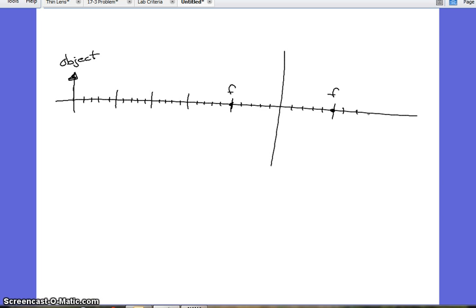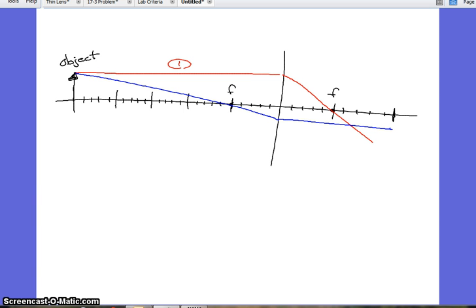We'll just continue a few lines over here as well. Our first ray goes parallel to the principal axis and then goes through the focal point. So that's our first ray. Our second ray goes through the focal point on the left-hand side and then goes parallel to the axis. So that is our second ray.